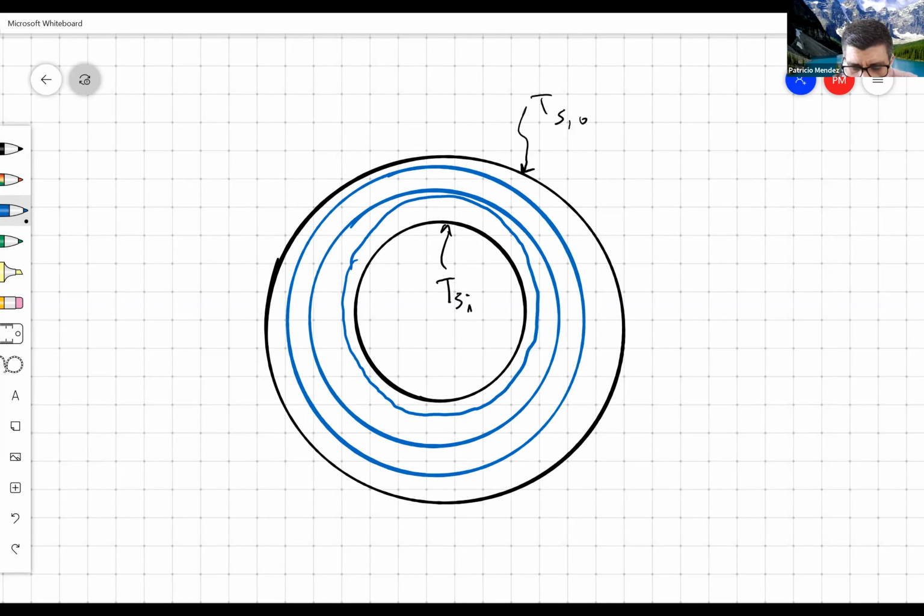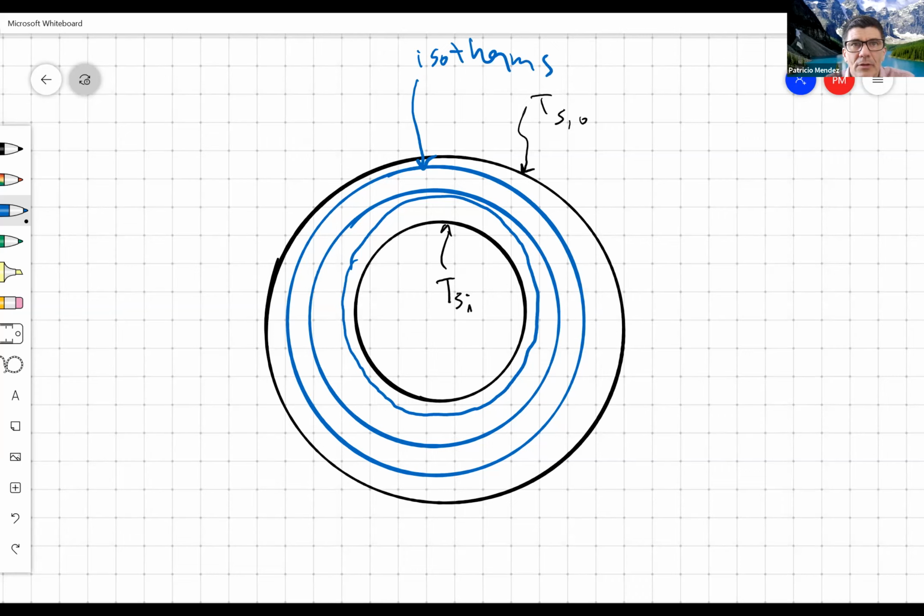Okay, so you get the point. Say these are isotherms. They never cross each other, and they are parallel to the surfaces of constant temperature.